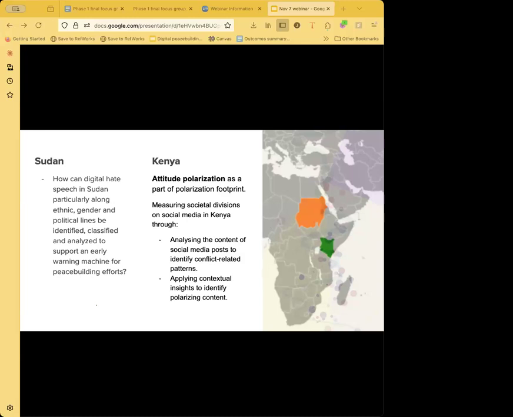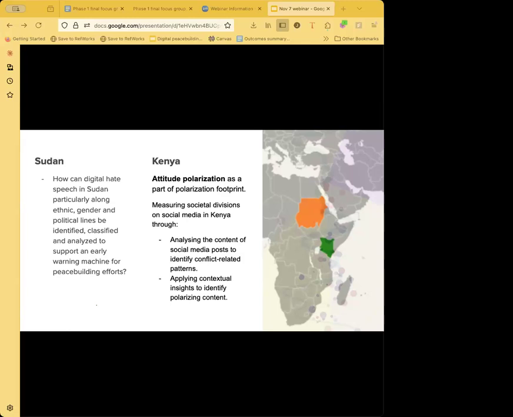So we analyzed content on different social media posts, identified conflict related patterns, and applied contextual insights to identify the polarizing content.